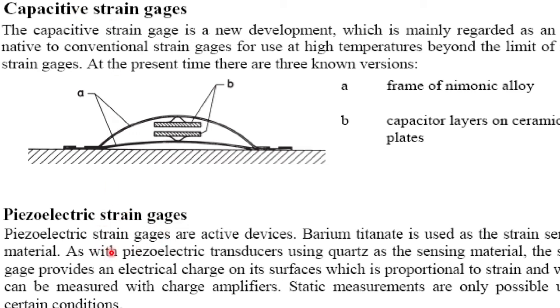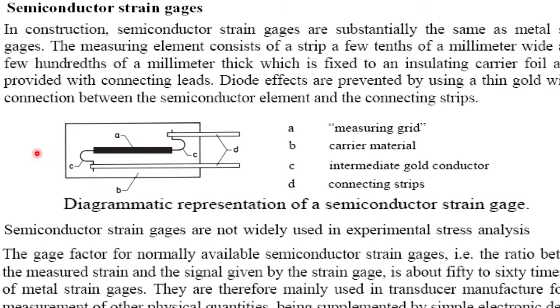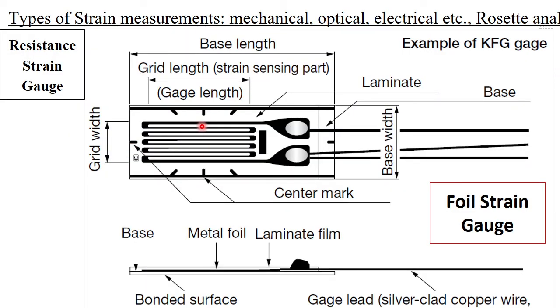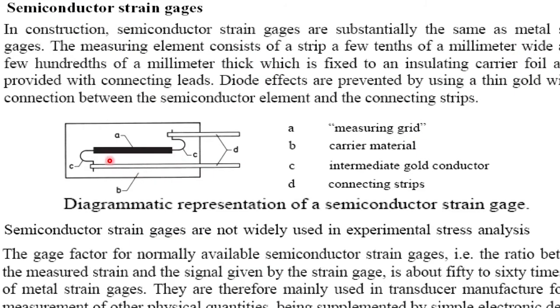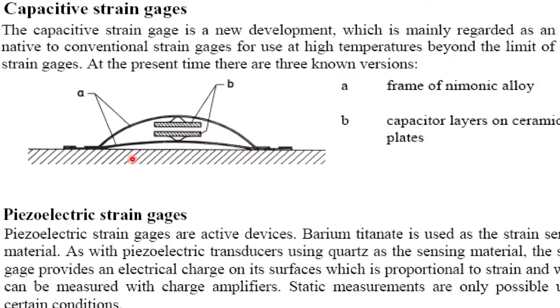Then there is the piezoelectric strain gauge. Here the basic element is a piezo crystal. Here it is a wire-like metallic foil element, here a semiconductor element, here a capacitive element, and in the piezoelectric type we have a piezo crystal.